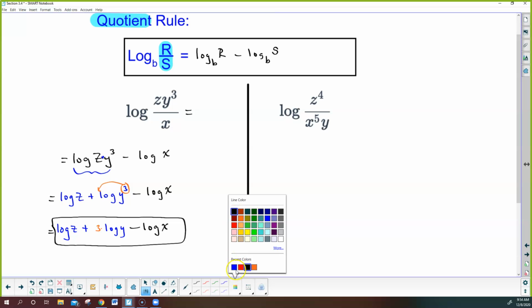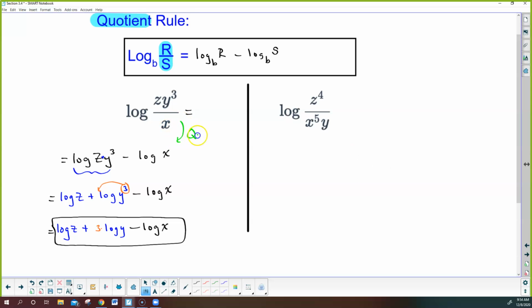Okay. If you would like, some people like to write the steps. What did we do from here to here? We used the quotient rule. And then from here to here in blue, we used the product rule.